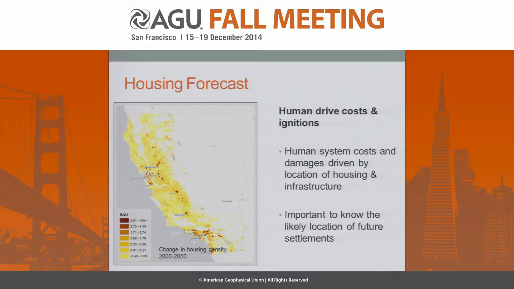The point here is that humans drive both costs and ignitions in the Californian landscape. Of course, it's important to understand the location of these settlements and how they influence the fire regime and costs going forward.